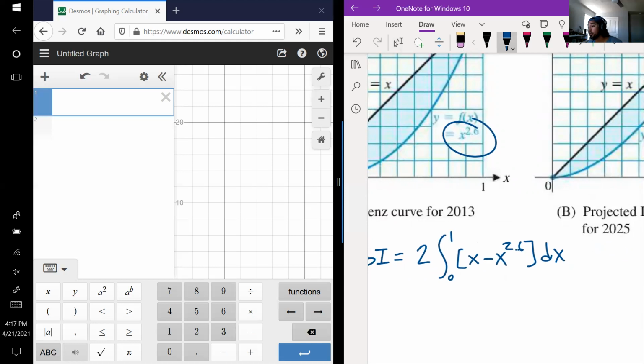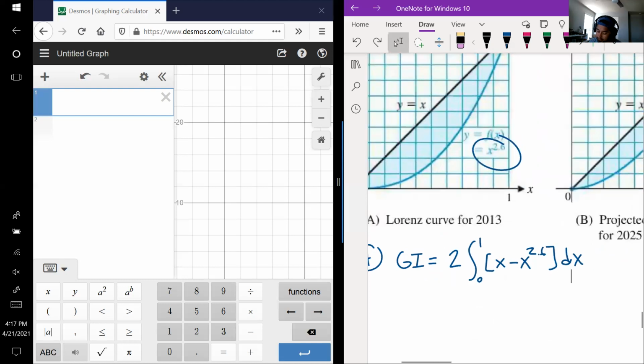So 2 times the integral from 0 to 1 of x minus x to the 2.6. And believe it or not, that's all we have to type into our calculator.